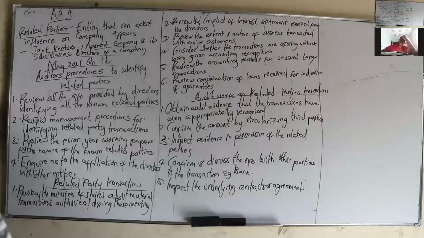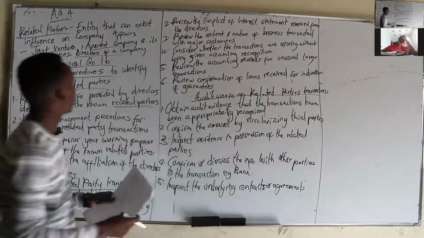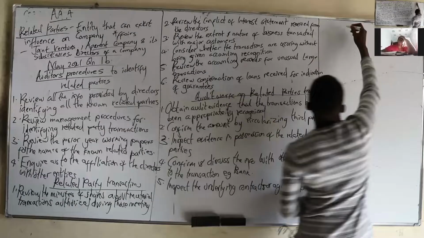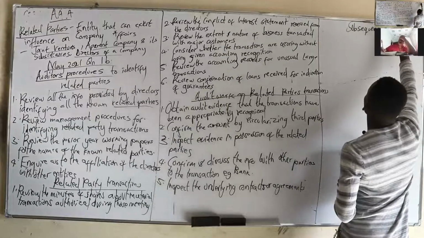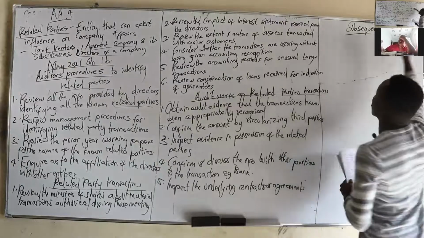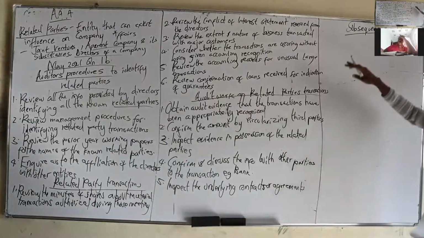Now, the other item that we have to discuss also in the same context of audit evaluation and reviews is on what we call the subsequent events. These events are known as the post-balance sheet events.